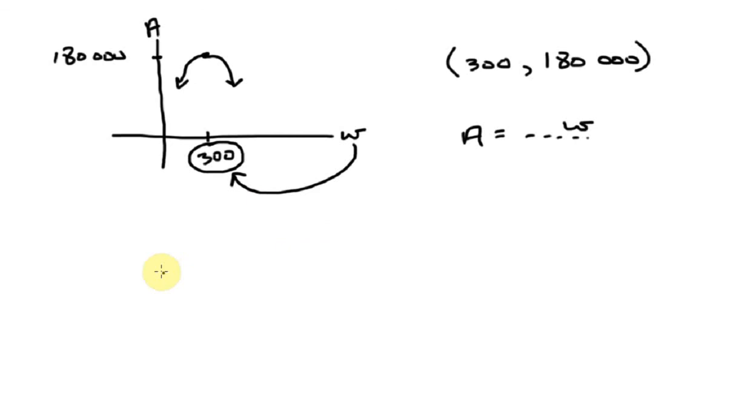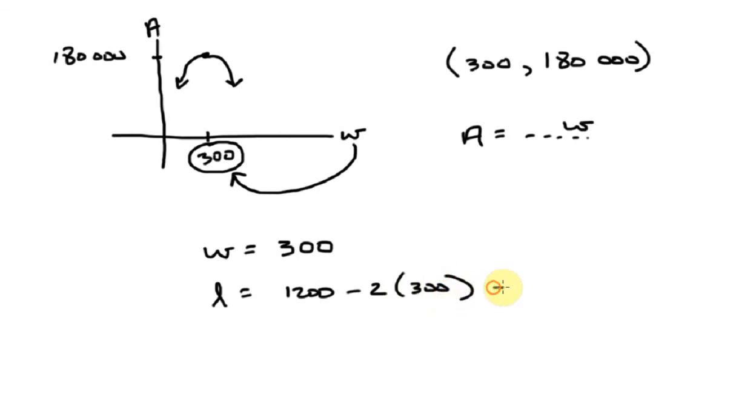So if you think of our little rectangle, we want the width to be 300 if we want to maximize the area, which means the length has to be 1200 minus 2 times w, so 2 times 300. So that length is 600. So if you build your rectangle 300 by 600, then you're going to maximize your area. And that's where I'm going to stop with this first question.